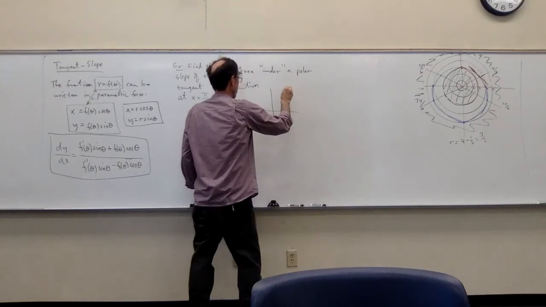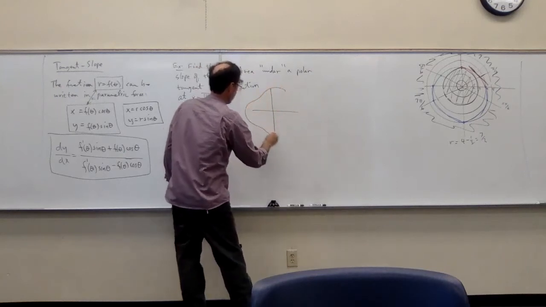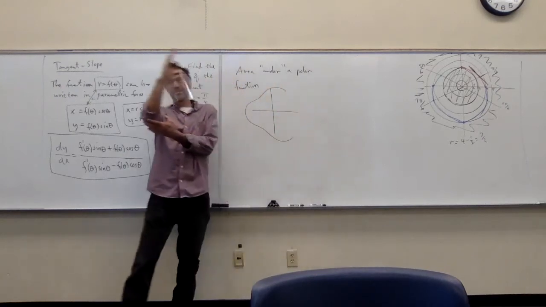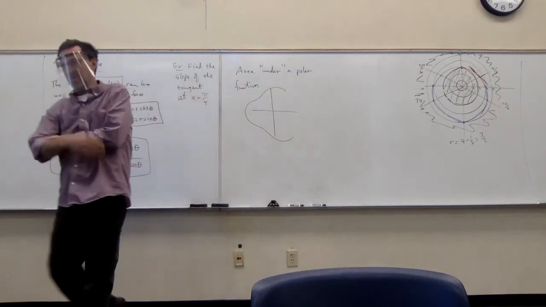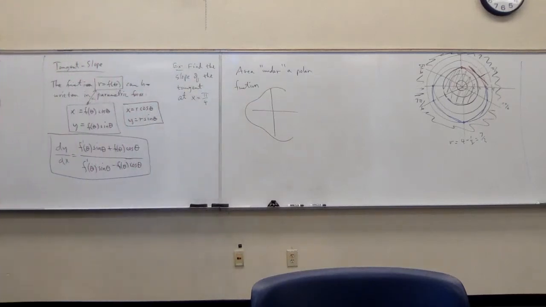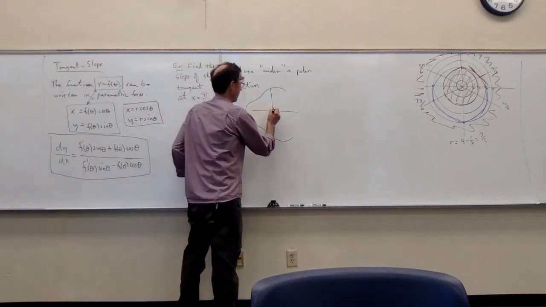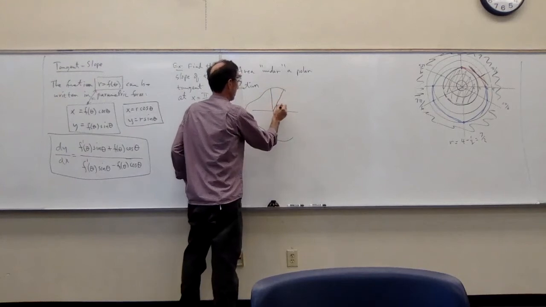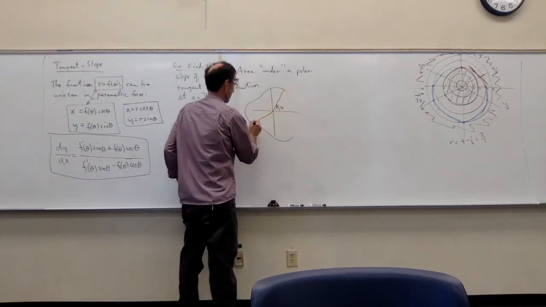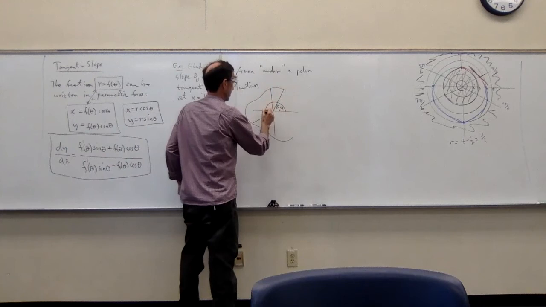So think about polar functions as moving around the pole. Theta moves counterclockwise, and for every theta, we have an r value, a distance. And let's say I want to find the area from some angle alpha to some other angle theta.